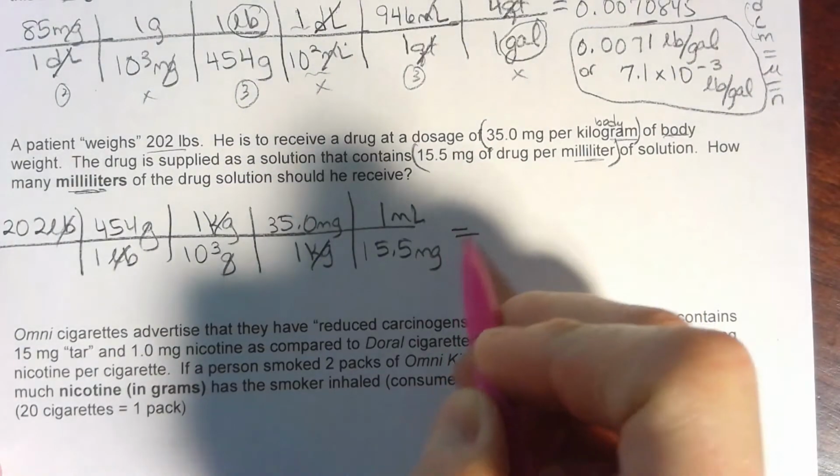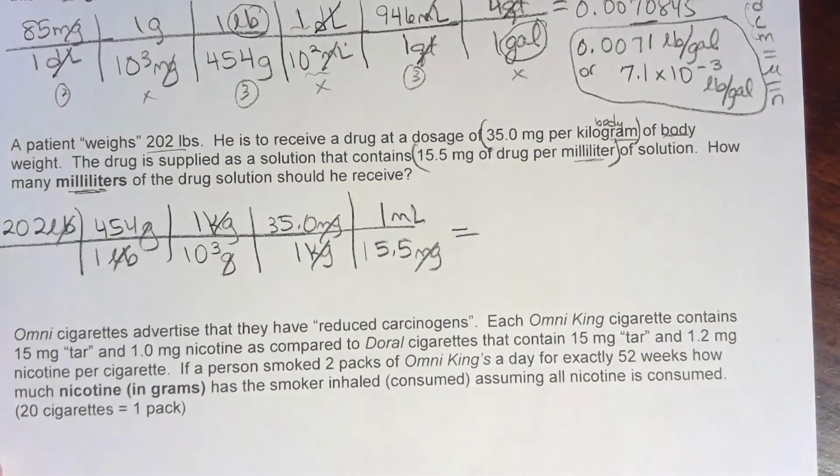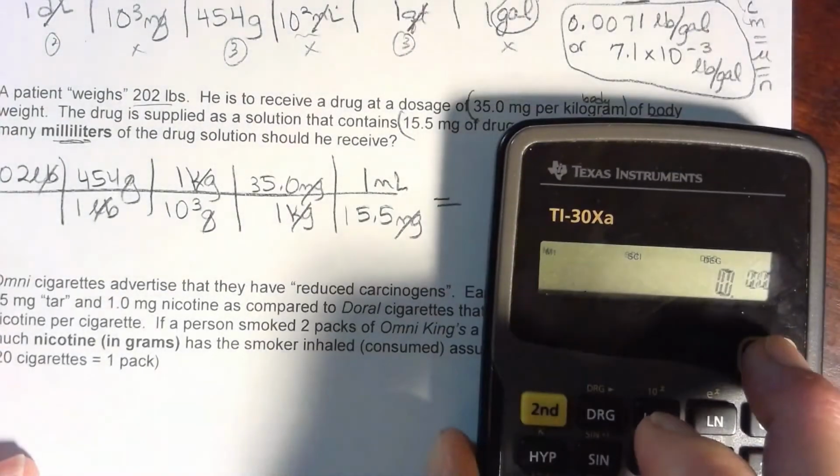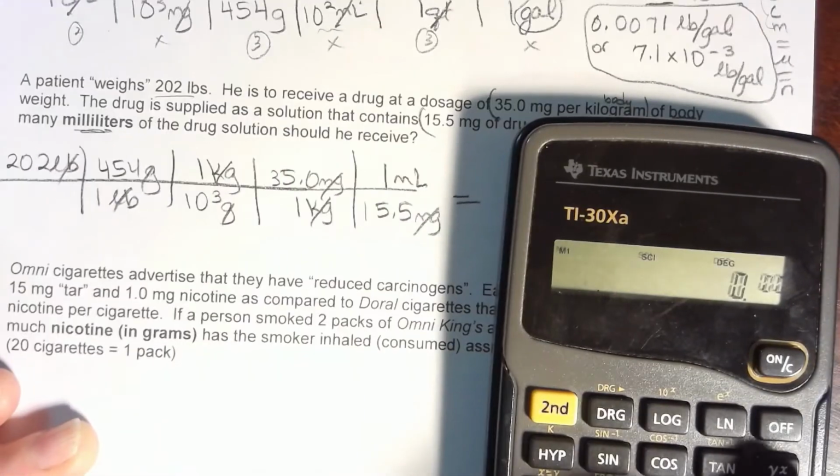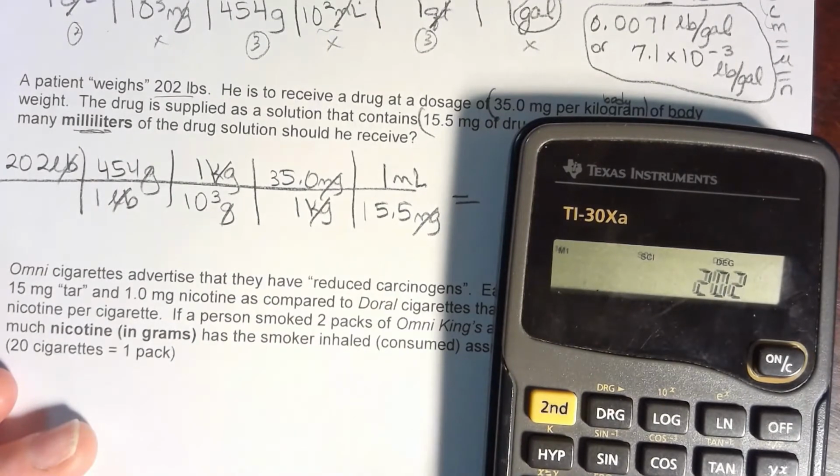And I needed milliliters, so I'm in milliliters. Plug it in. The mass of the person, 202 times 454 divided by 10, y to the x 3, times 35 divided by 15.5.